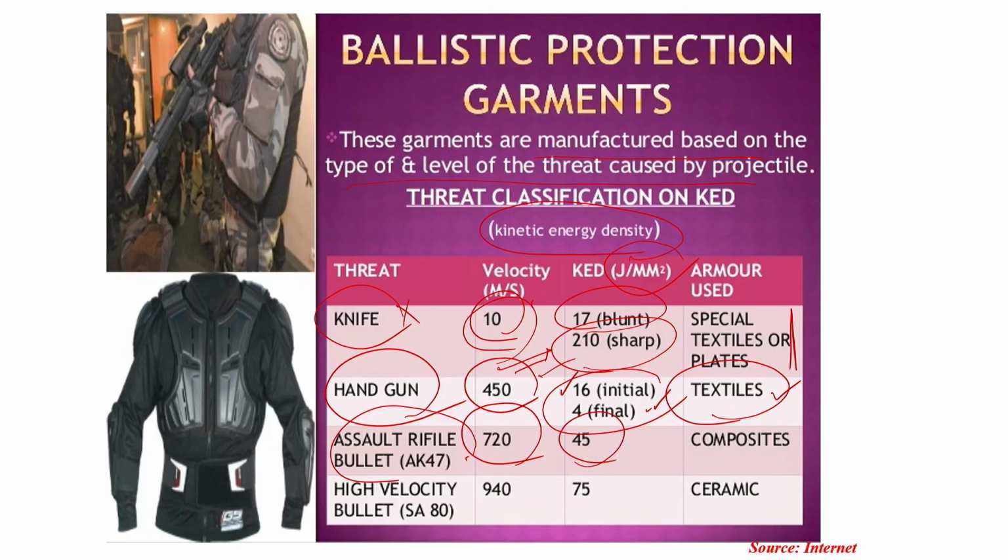For these we can use textile-based composites. For high velocity bullets, say the SA-80 type of bullet, the velocity is very high, 940 meters per second, and the kinetic energy density is 75, where we use ceramic. So, for high velocity bullets we use ceramic material.